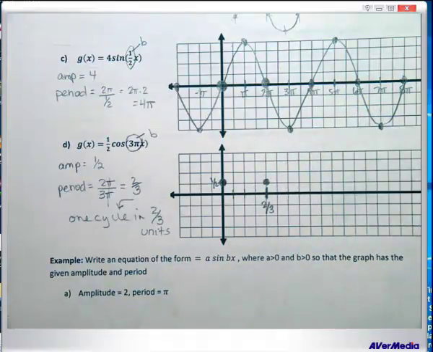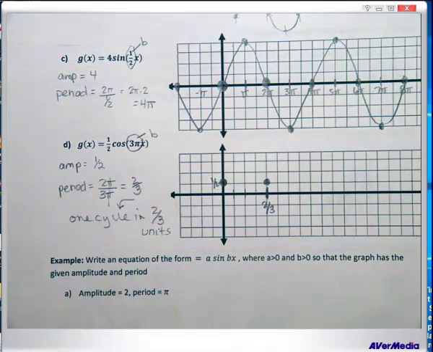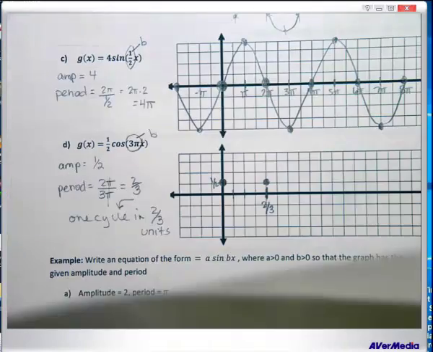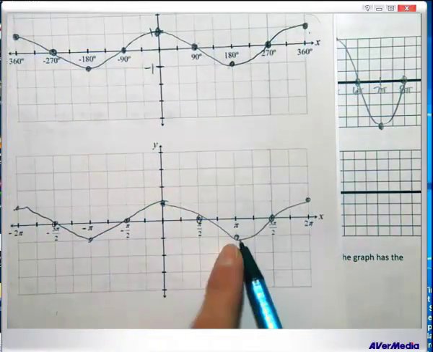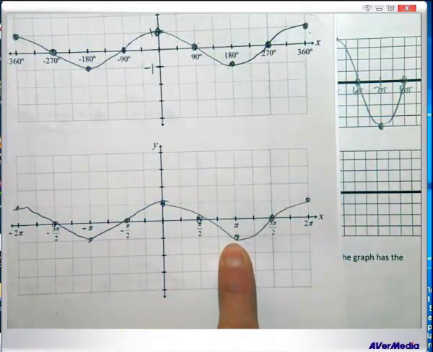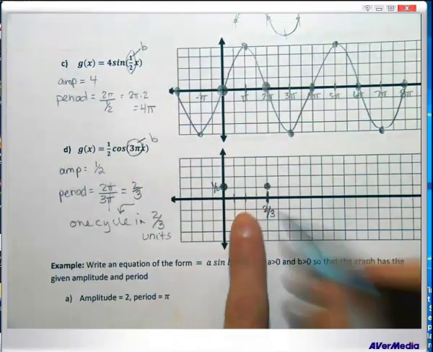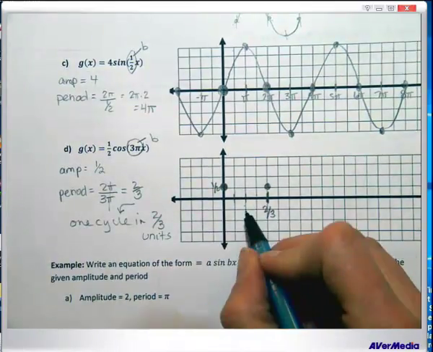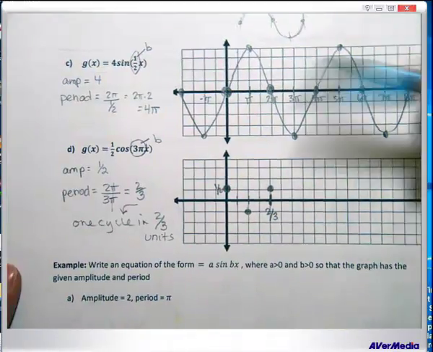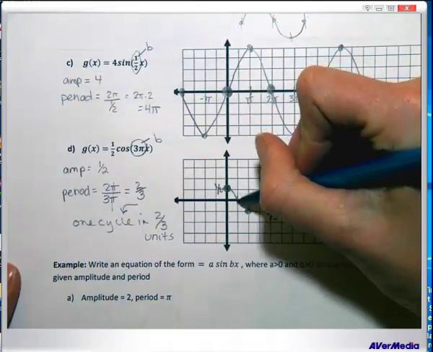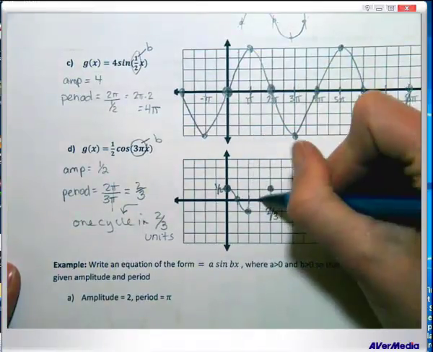And what happens in between, if you look at your parent function for cosine, is in the very middle of one period, you have your lowest point. So the very middle of this graph, which will be right here, is going to be a negative 1/2. And then exactly in between will be our x-intercepts, here and here.